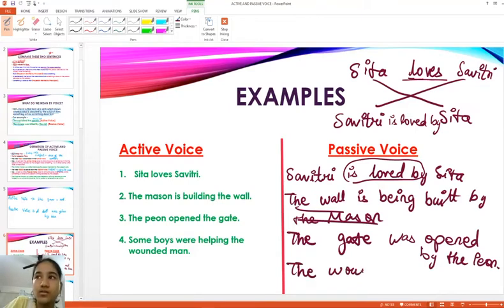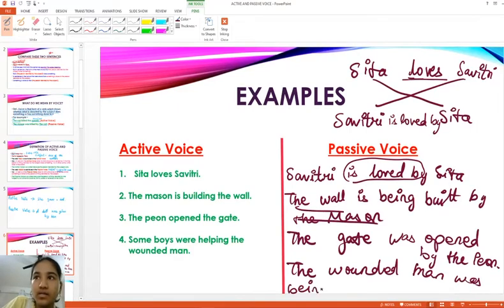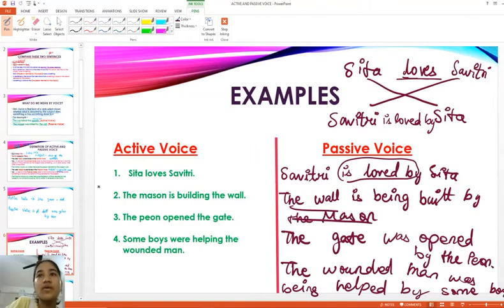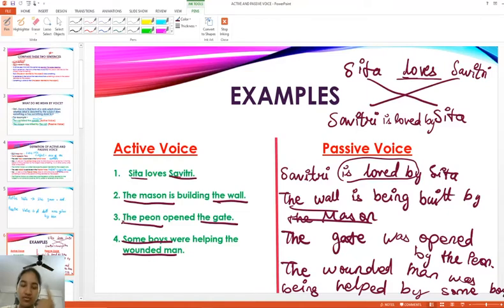The wounded man was being helped by some boys. So you see how we have interchanged these two: just underline them and then change subject to object. So this is our first trick in active and passive voice.